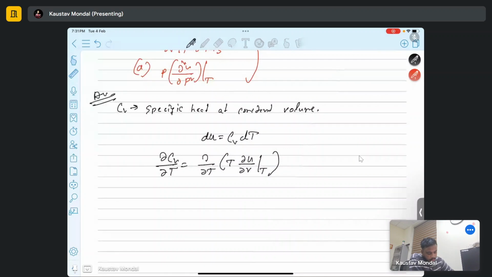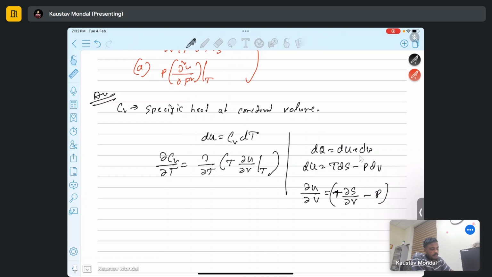So now this is it. Now you already know U, internal energy, dU is basically dQ plus dW, right? So dQ equal to dU plus dW, right? So dU equal to TdS minus PdV, and now if you take the derivative, you can write del U del V equal to T into del S del V minus P, right?